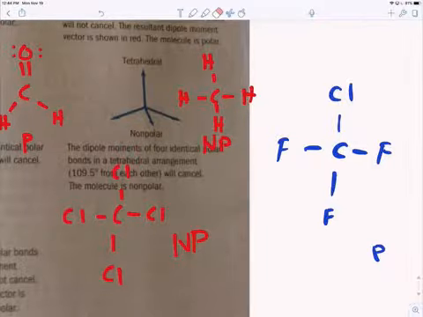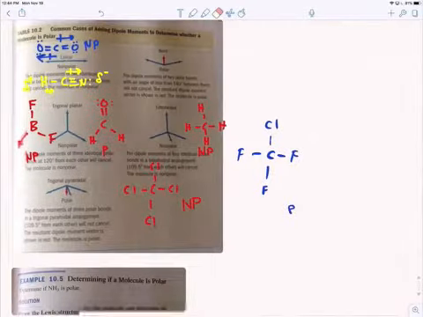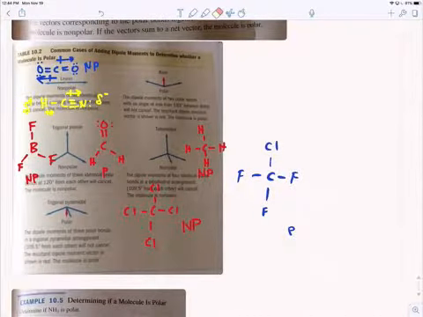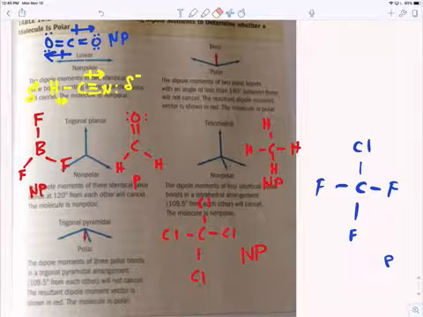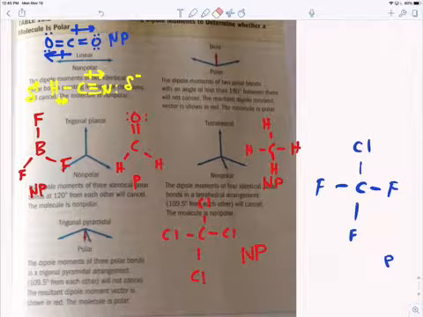So are you starting to see the pattern? The pattern is all bents and all pyramids are polar. Easy, no questions asked. If it's linear, planar, or tetrahedral, if they're all the same atom, all the same group, it's nonpolar. If one is different, it's polar.